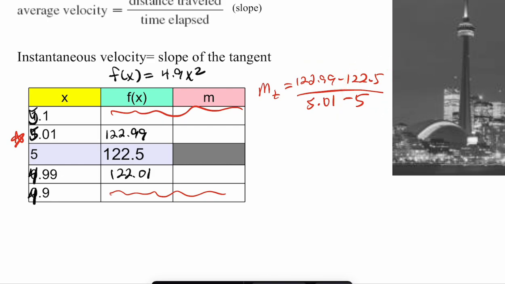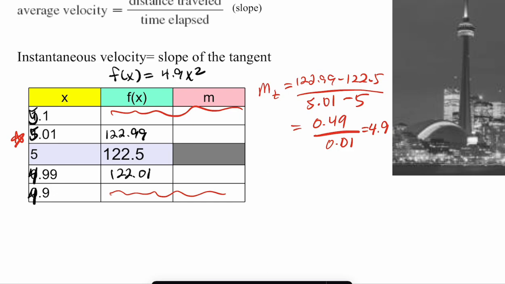So 122.99 minus 122.5 is 0.49. And then 5.01 is 0.01 higher than 5. And if we divide it, we get 4.9. Okay, so that's our first one. What is that super close to? Isn't that, it's pretty close to 5.